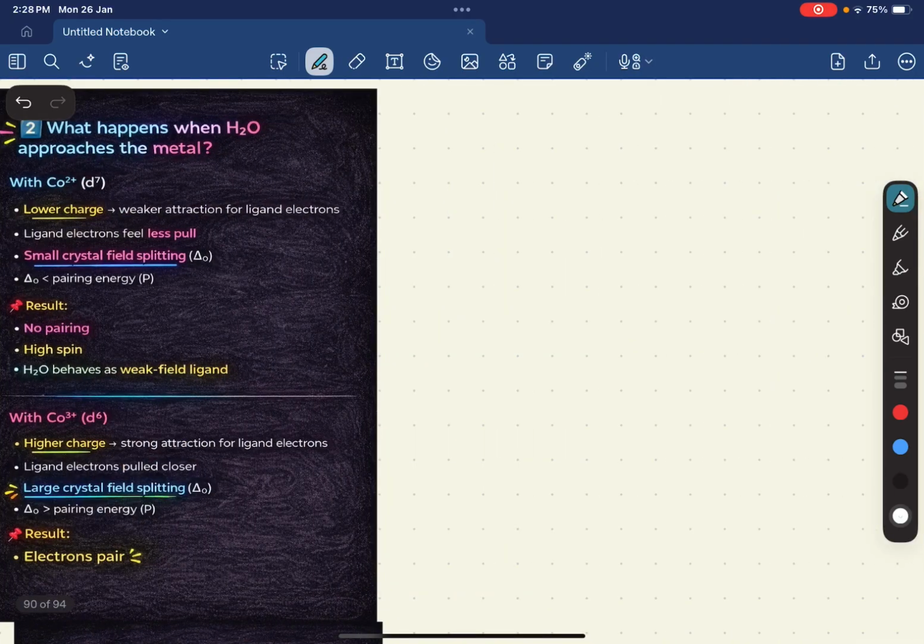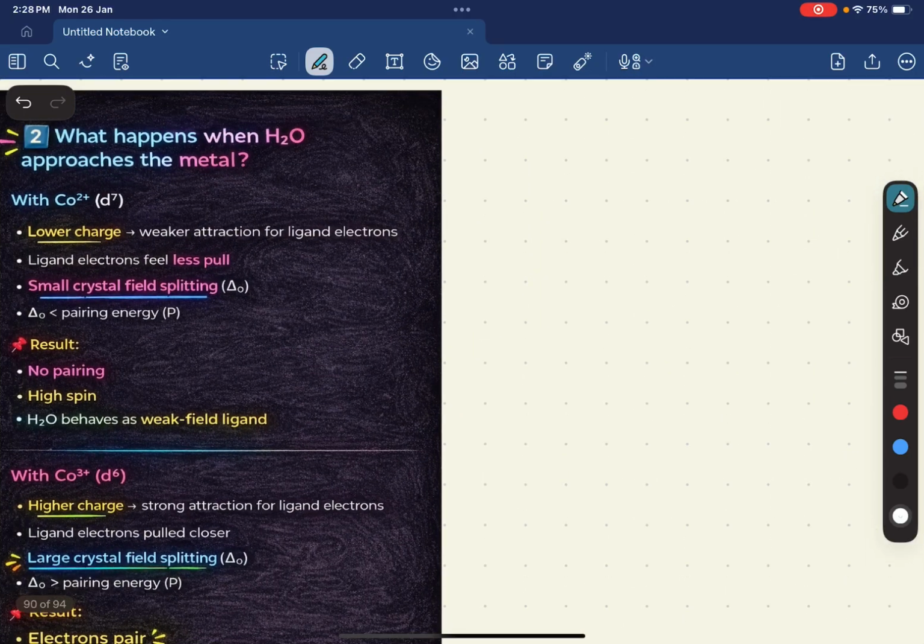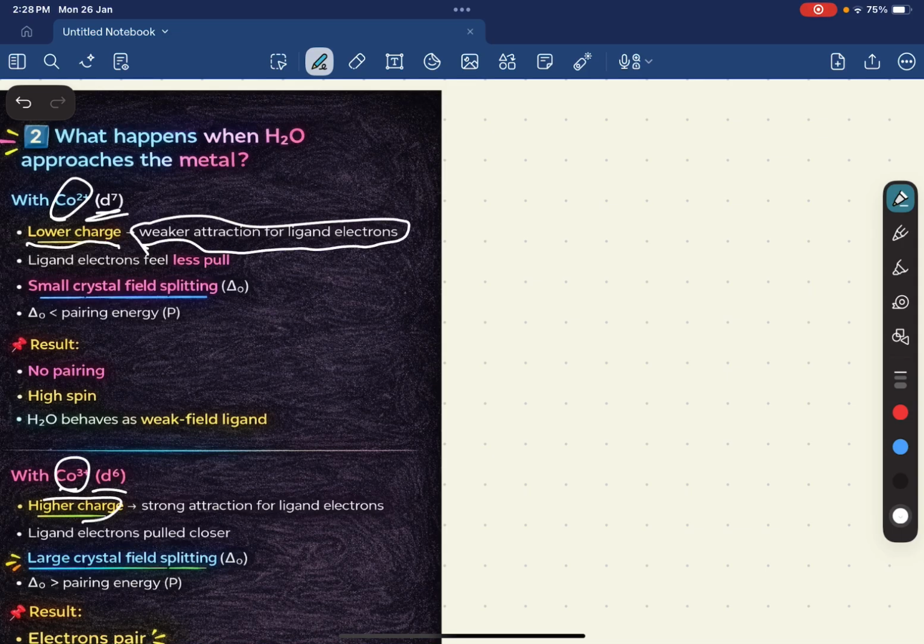Coming to the same thing: in case of Co2+ it is a d7 configuration, in case of Co3+ a d6 configuration. The lower the charge, the weaker the attraction for ligand electrons; the higher the charge, the stronger with ligand electrons.